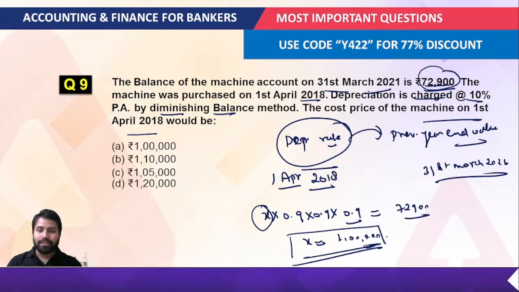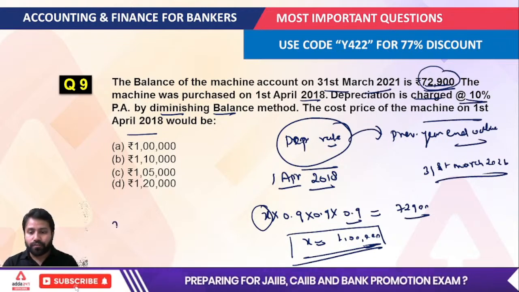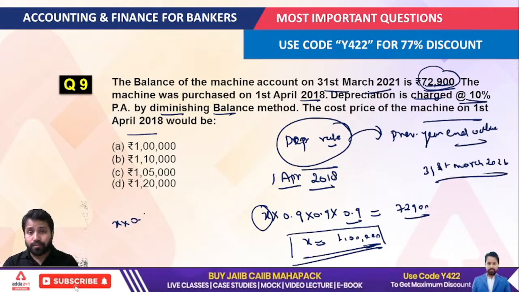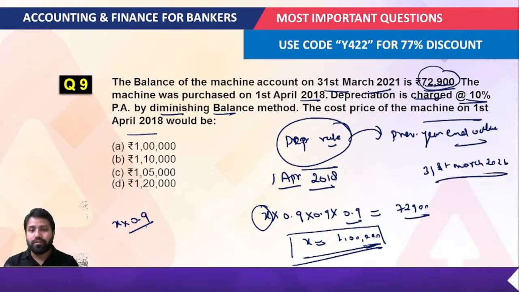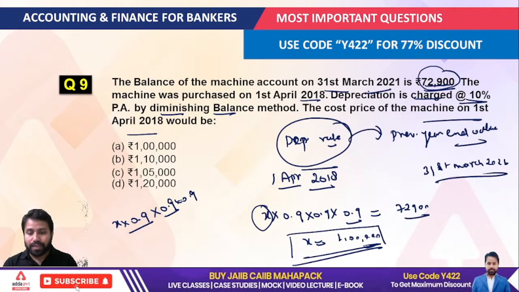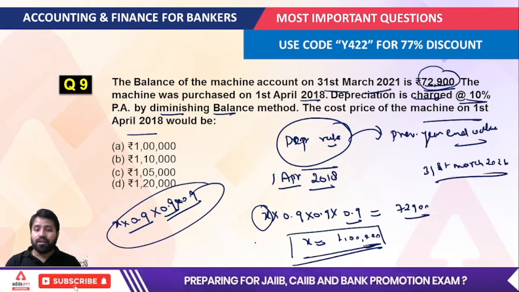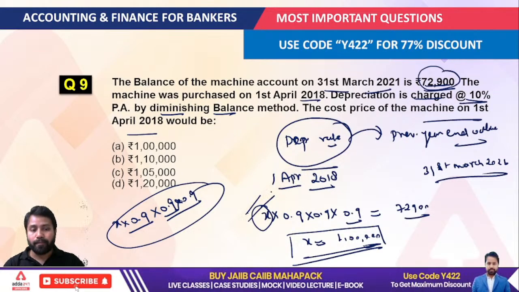Because depreciation is charged at 10%, for the first year the value of the machine would be 0.9 or 90% of the real value. For the second year again 90%, and for the third year again 90% would remain as the value of the machine. This is how we solve the questions in the examination also. Next question.